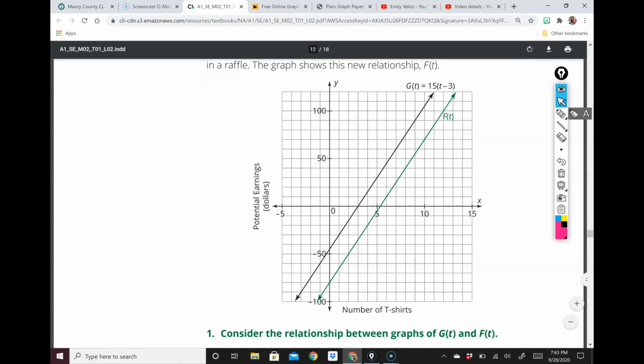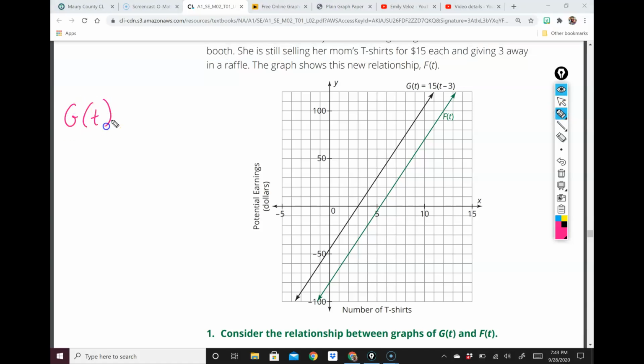We've got g(t), which is 15 times t minus 3, and f(t), which we discovered has the same slope. However, we're starting down at a negative 80 for our y-intercept. And I could simplify this to be 15t minus 45.